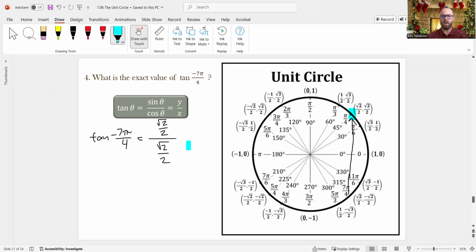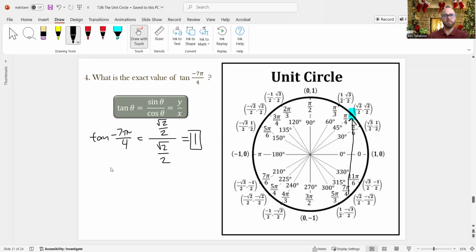If we didn't, how would we solve this? Because notice a lot of these, that's not the case, right? Where you don't have the same exact thing. Well, then you need to keep, change, flip, right? In other words, dividing fractions is the same as multiplying by the reciprocal, but we don't need to do all that because we know we have the same thing over itself, which is just equal to 1.